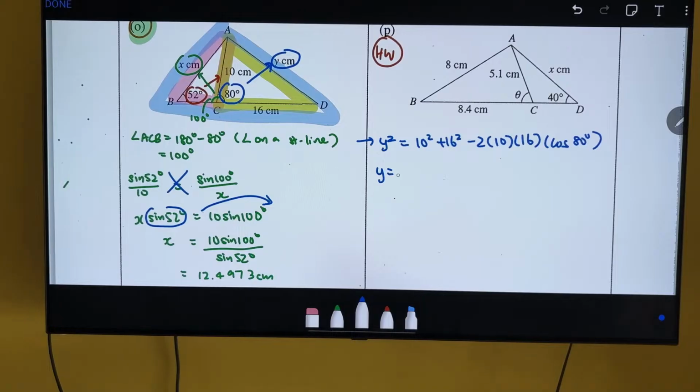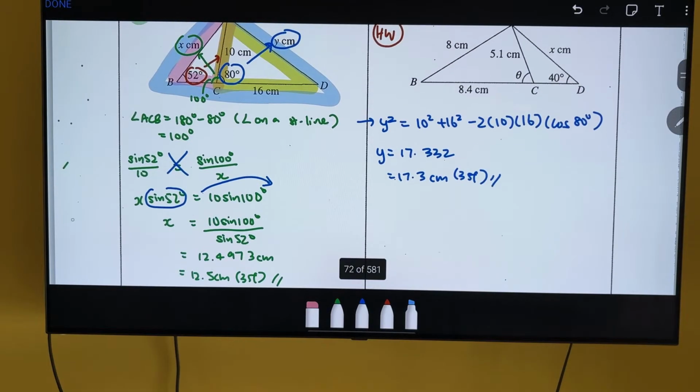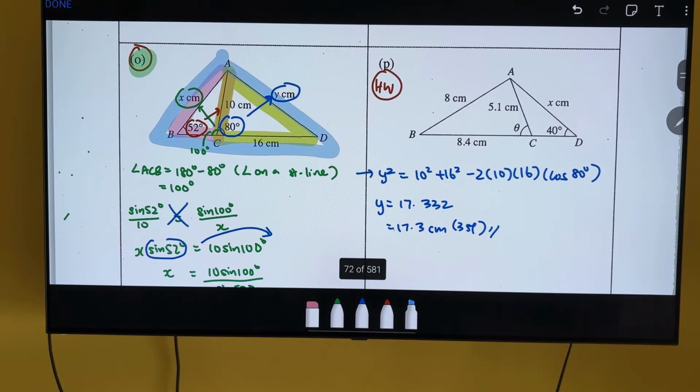To find y, we have to square root the expression above, and we round it off to 3SF. So this is pretty much what I would like to go through for these 2 days: sine rule, cosine rule, as well as area of triangles.